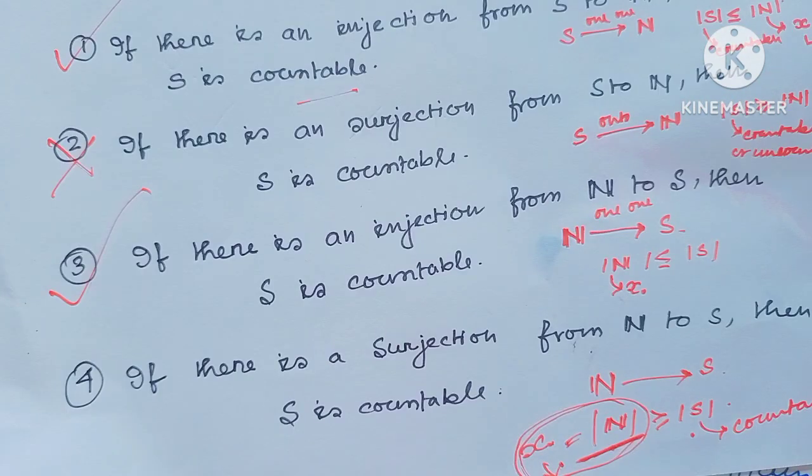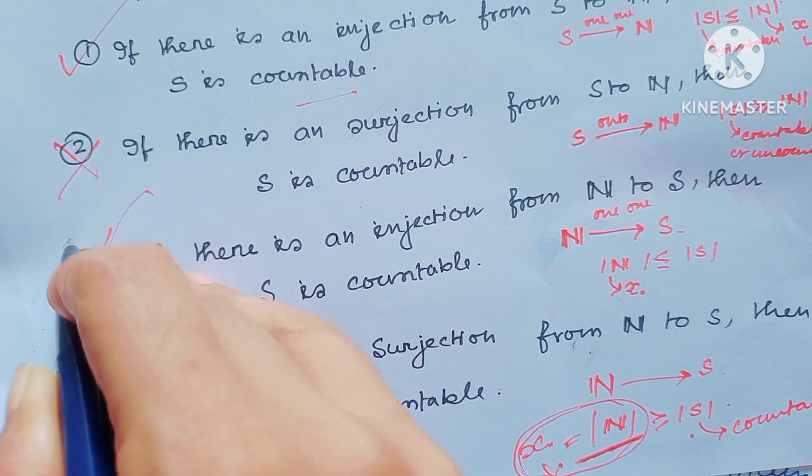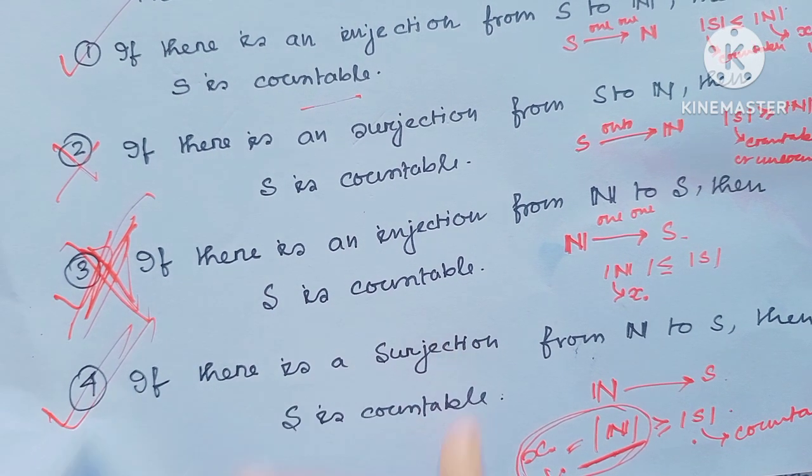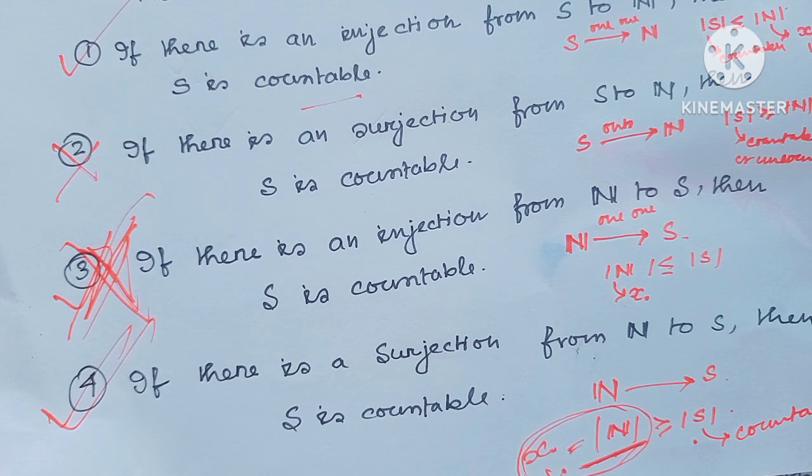So this option, sorry, this is a wrong option. Third option is wrong. Sorry, but option 4 is a right option. I hope all my viewers have understood.